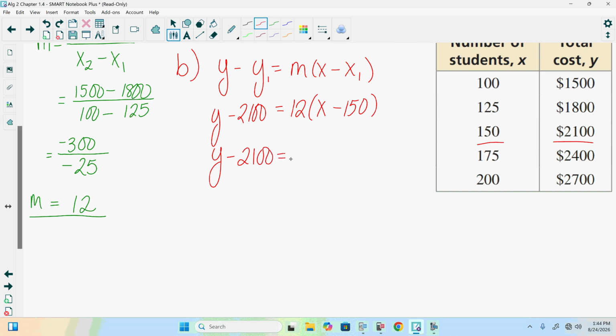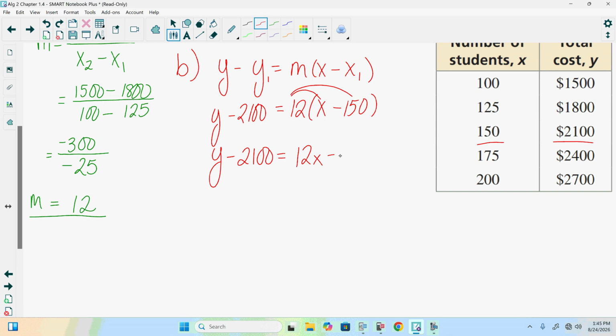Now, the first thing I would want to check is if we have any double negatives. When we plug in the y value, we get minus and negative in that spot, or over near the x. We don't, so we can move on to start simplifying. On the right-hand side, we have 12 being multiplied by x minus 150, so we'll need to distribute the 12. 12 times x is 12x.